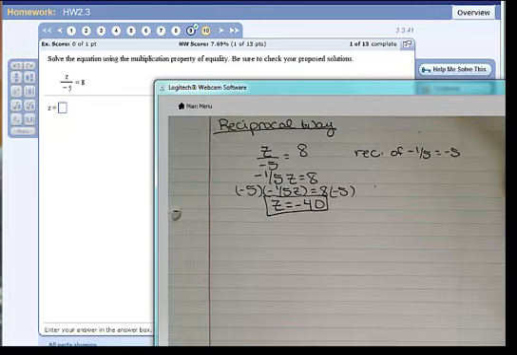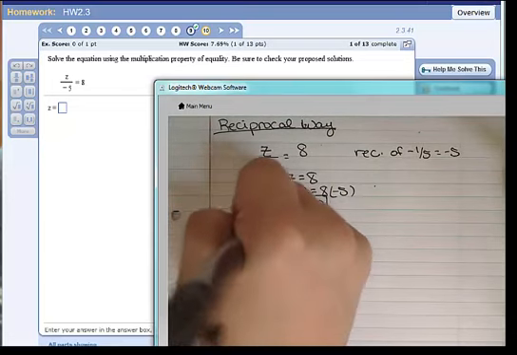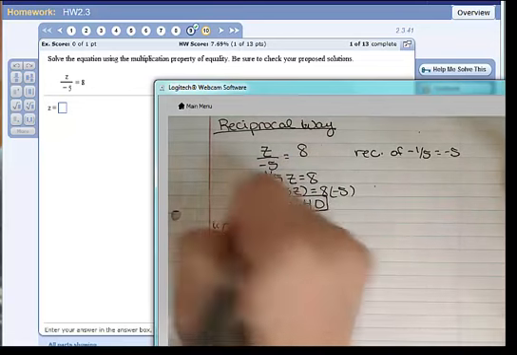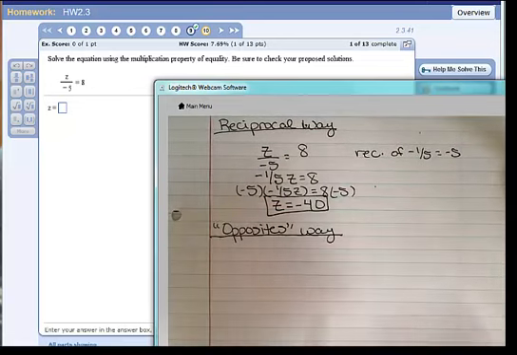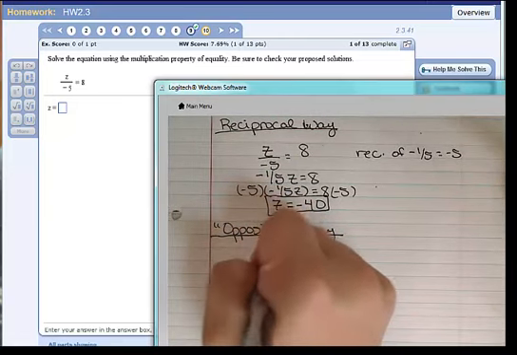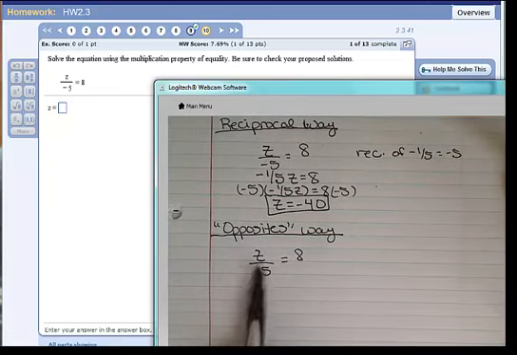Now I'll leave that one up, and we will also do the opposites way. I actually prefer the opposites way in this case, but I will let you pick. So we have z over negative 5 equals 8. This negative 5 is dividing that z.